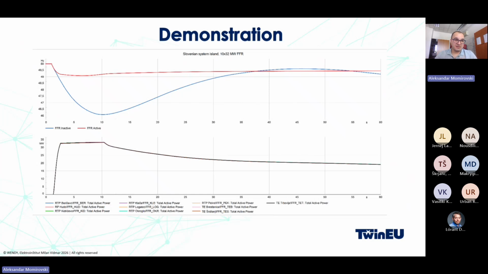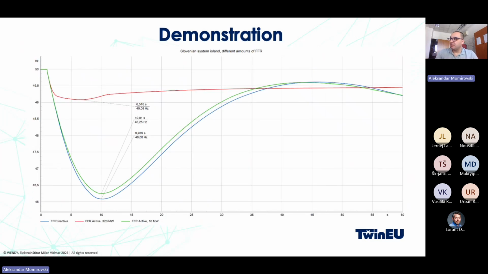The dynamic responses, or the dynamic continuation of the frequency with and without FFR, are really incomparable. So we had a lot of simulations, but we had to emphasize only the representative use cases, to make it understandable what FFR does to our system and frequency stability.